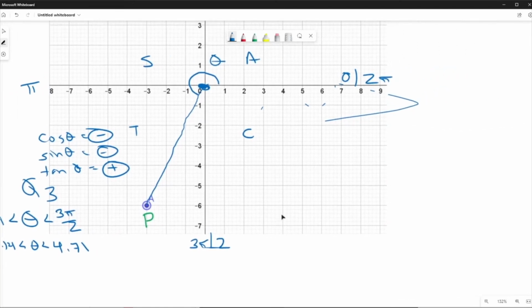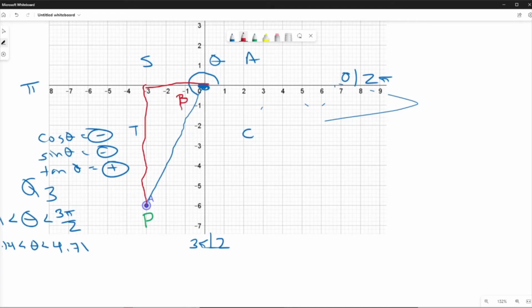So how do you do this? Remember, all of this relies on drawing a triangle. Okay, drawing a right triangle that has these relationships. So once again, I'm going to call this little angle in here beta.